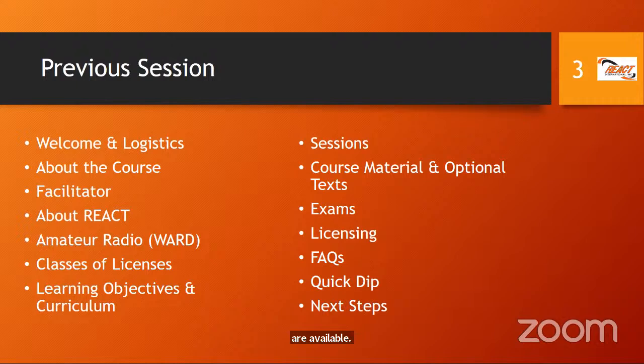We also went a bit into discussing the exams themselves. We took a look at the licensing procedures in the US as well as in Trinidad and Tobago. We dealt with a couple of frequently asked questions. Those were some of the questions persons asked when they registered for the course, so we dealt with those right away. And then we took a quick look at the course material itself.